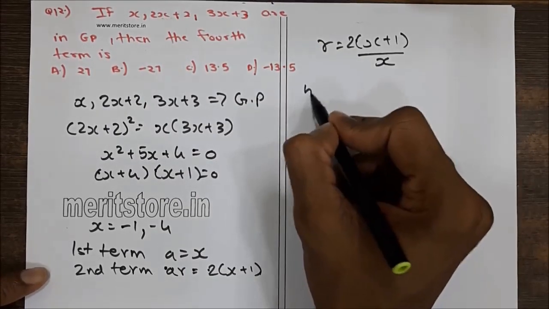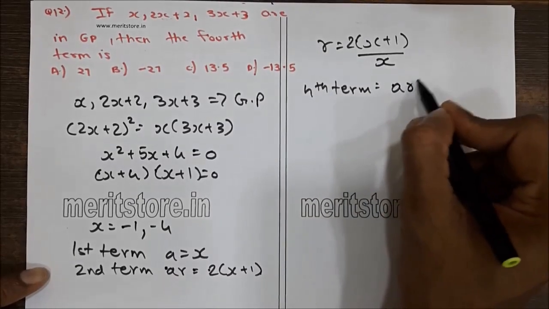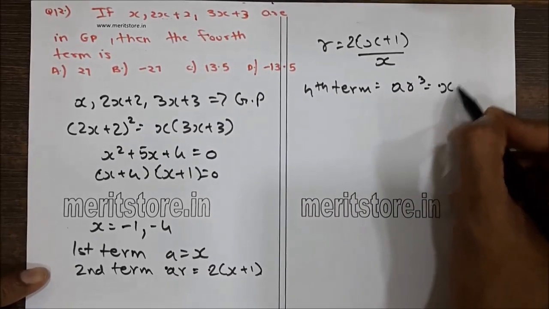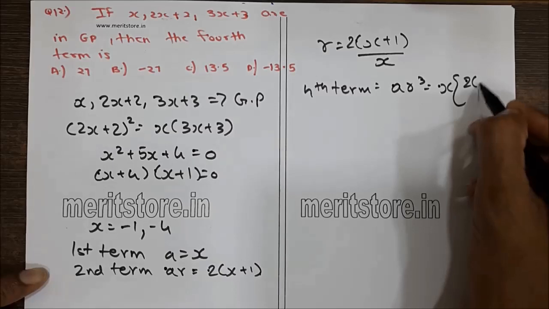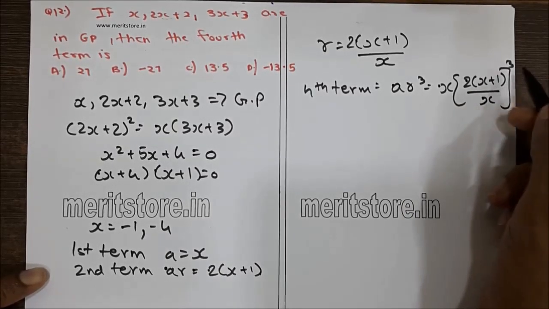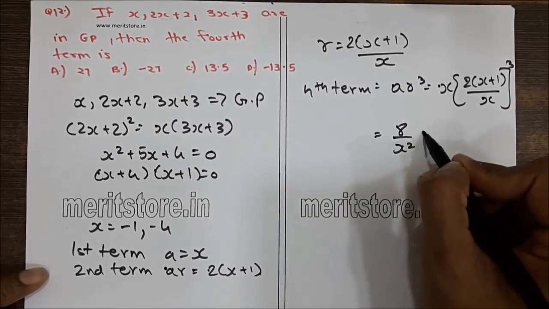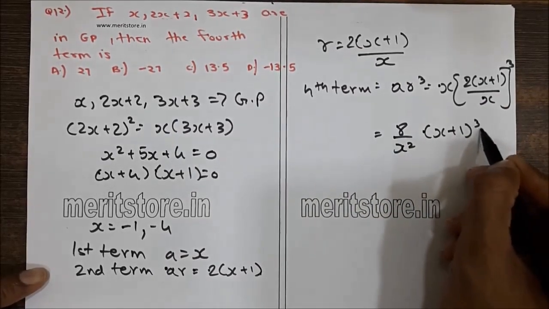So the fourth term, that is ar cube, will be x into 2x plus 2 upon x the whole cube. Solving this, we get 8 upon x square, x plus 1 the whole cube.